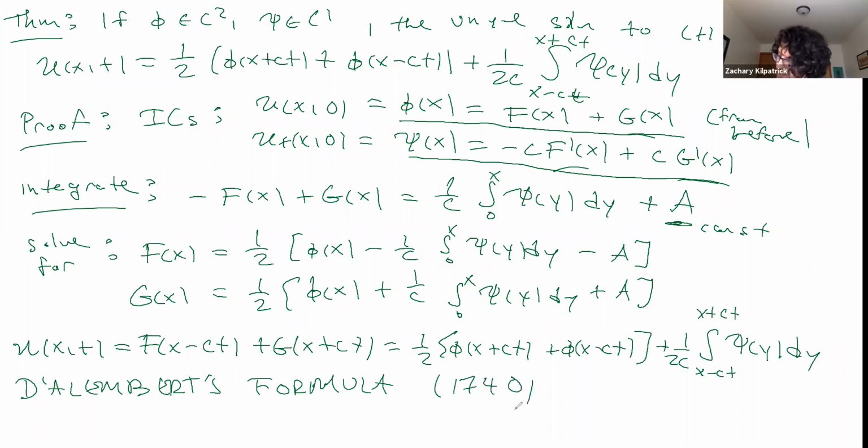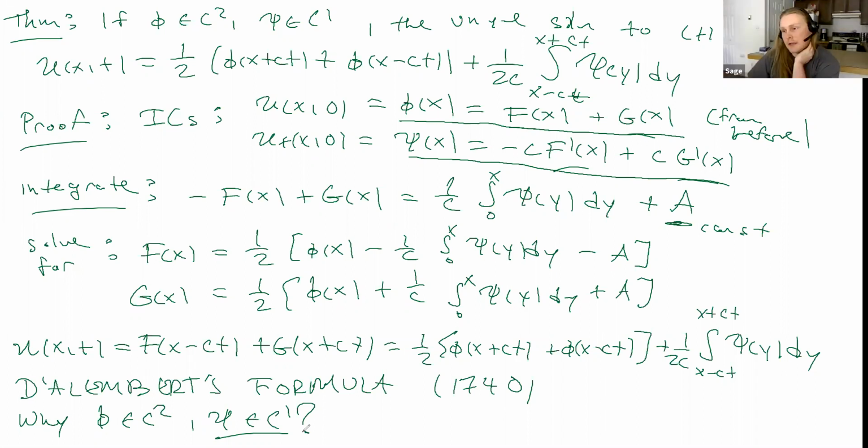A couple minutes over, but before we go, I just want to think about why phi and psi have to have this level of continuity, and why in particular psi only has to be C1. I think it comes from f and g having to be C2, so the antiderivative of psi has to be C2.